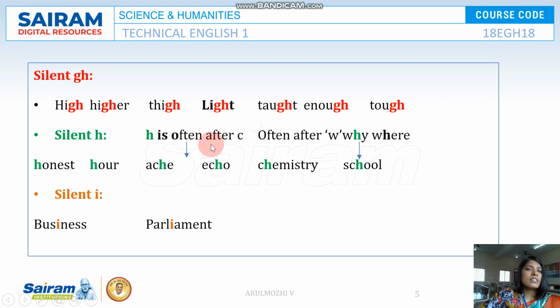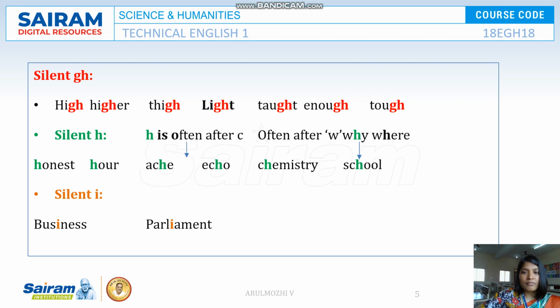H is often silent at the end after C. Take for example ache, echo, chemistry, and school.